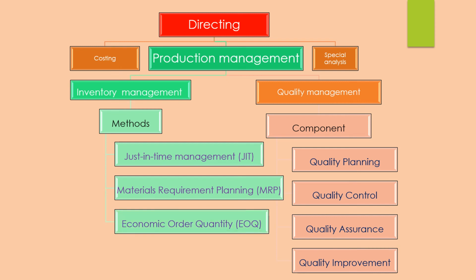Not only the inventory, but also the quality is really important. For quality management, there are several components they have to be in touch with. That is quality planning, quality control, quality assurance, as well as quality improvement.